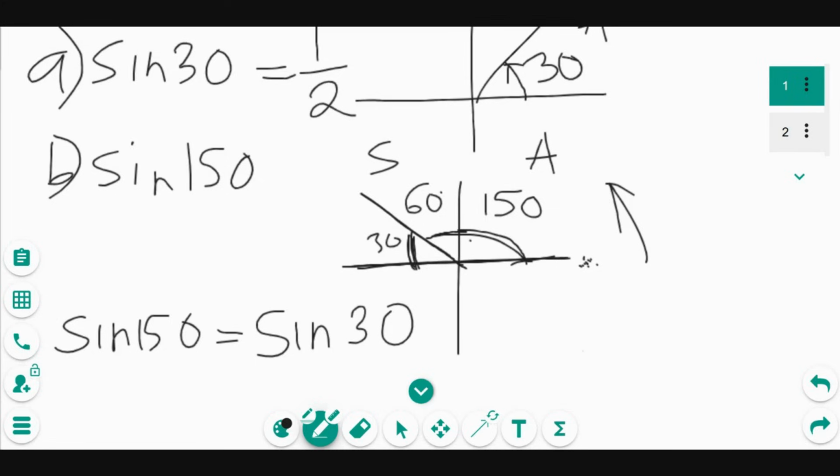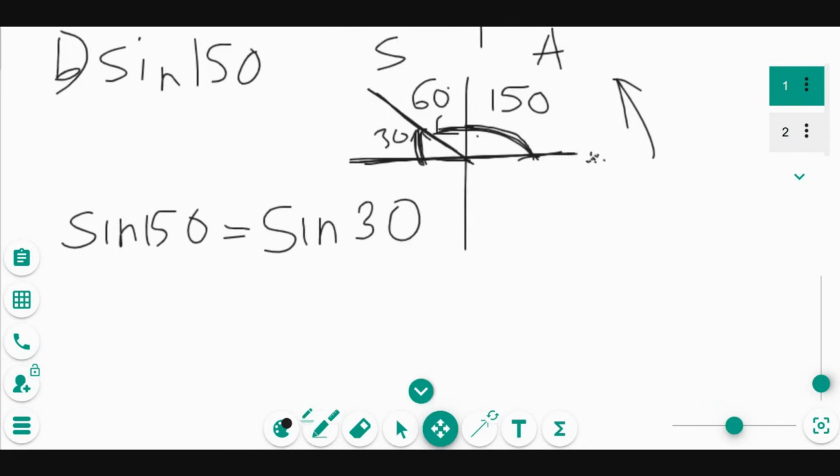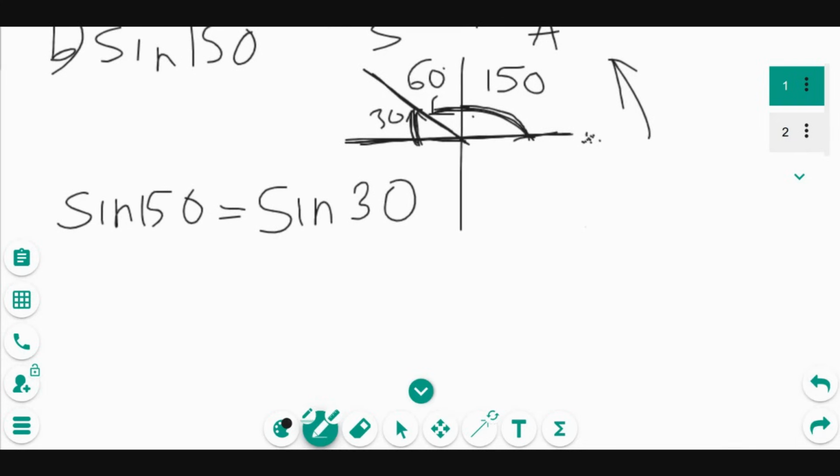How do we reach here? I can reach there by taking this route where I have 150, or the other shorter route is me measuring from the negative x-axis, and I measure 30 degrees. So sine of 150 is the same as the sine of 30, and my value of sine 30 is a half, which is positive.